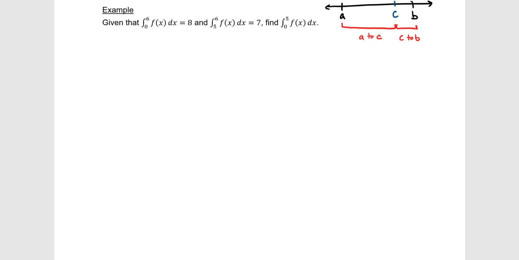We are given that the integral of some function from 0 to 6 is 8, and the integral of that function from 5 to 6 is 7, and we want to find the integral from 0 to 5. So let's go ahead and use this rule.